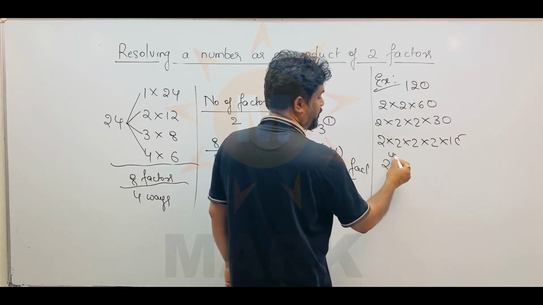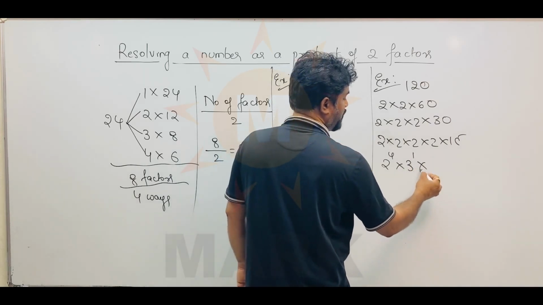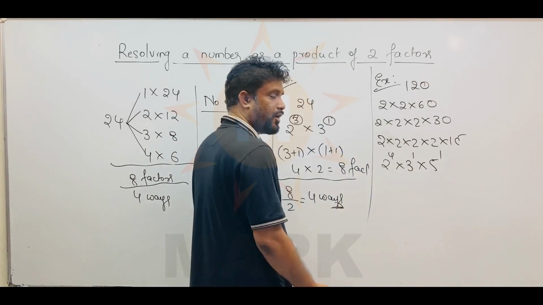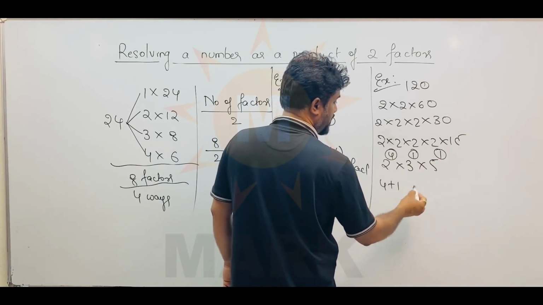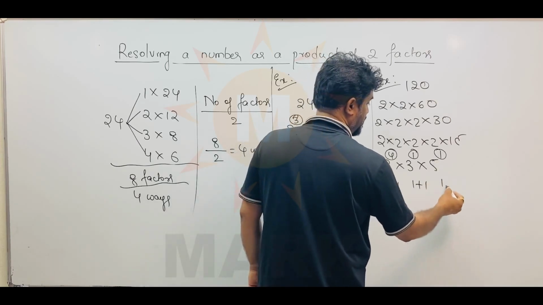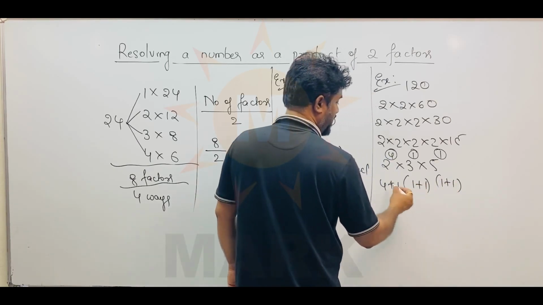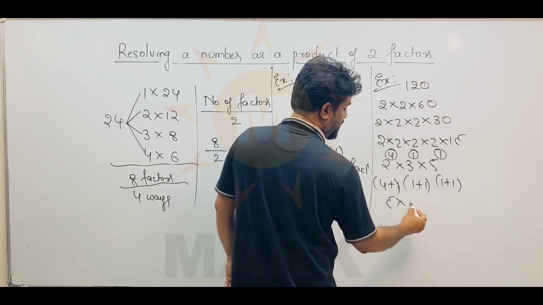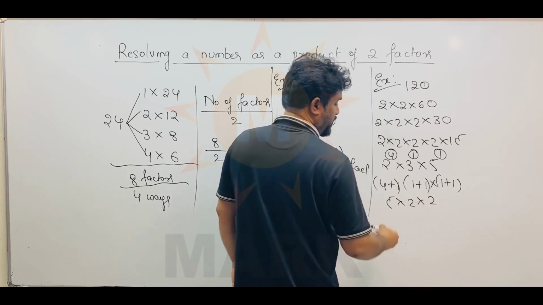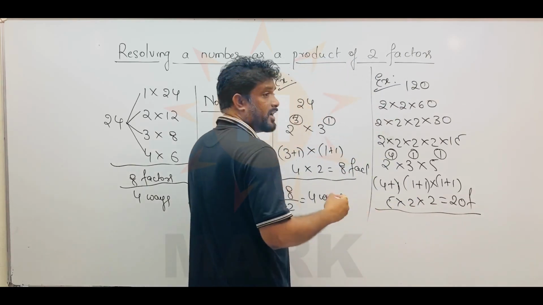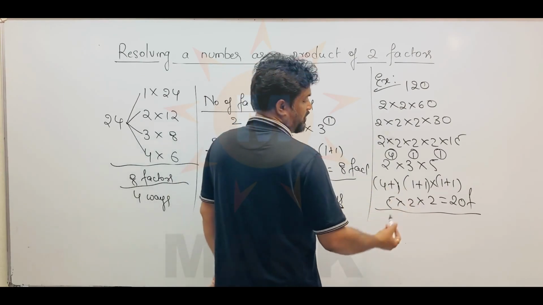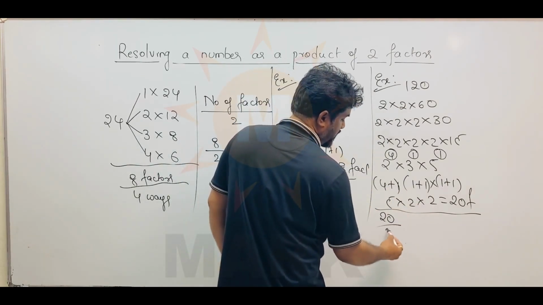So 2 power 4 into 3 power 1 into 5 power 1. This is the prime factorized form. So first I will get the number of factors. This is 4 plus 1, this is 1 plus 1, and this is 1 plus 1. So this is 5 into 2 into 2, which is equal to 20. So these are the factors. To find in how many ways I can write 120, 20 by 2 is equal to how many ways?